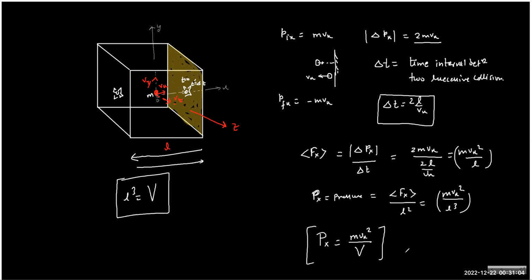But this is the analysis assuming that the molecule is going towards X, but it can go along Y also. So similarly, if you had analyzed for the Y axis, Py would have been the same, and Pz equals the same. You know why we are able to write all these three equations?